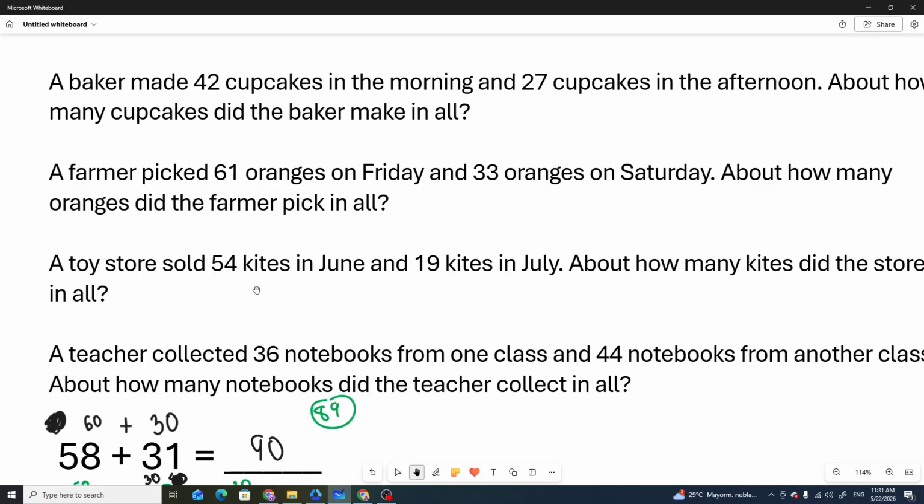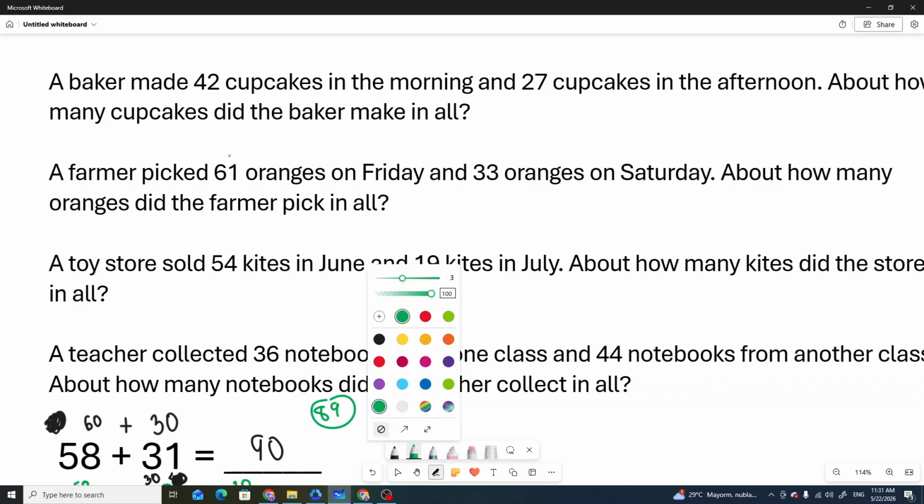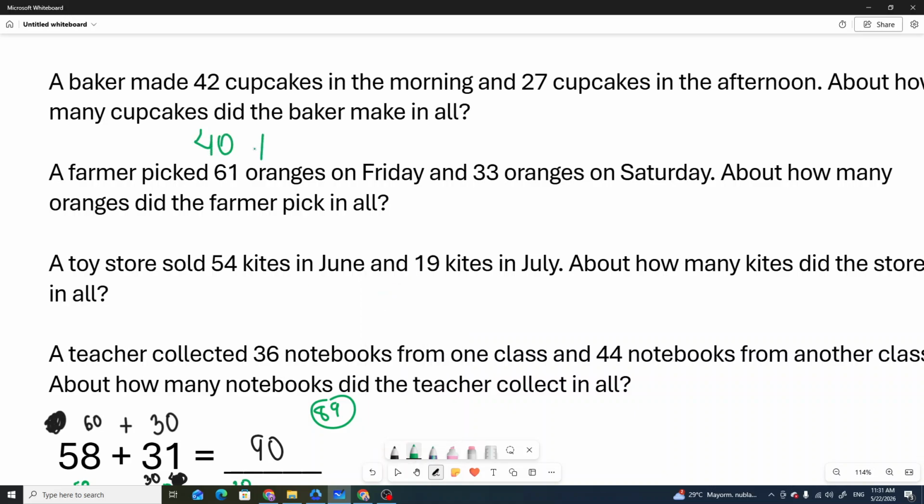But since I'm estimating, I have to round down 42, and it will be 40 plus, and then 27 rounding up, it's 30. So basically the baker made that day around 70 cupcakes, okay? But keep in mind, this is just estimating, because in real life we always estimate with numbers, that way to make our life easier, okay?